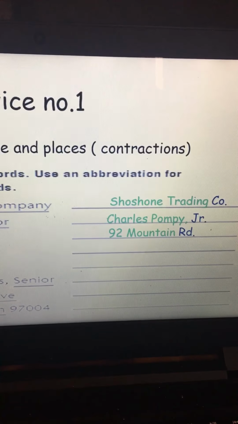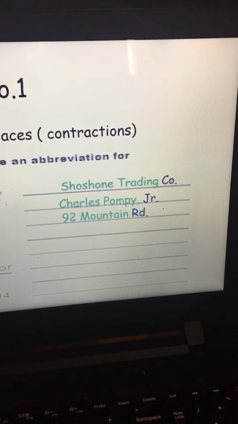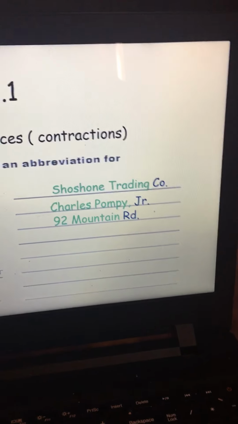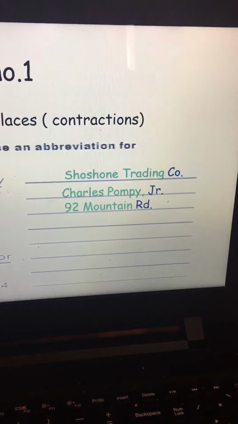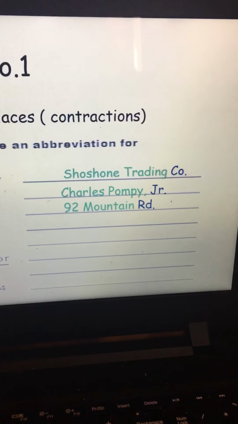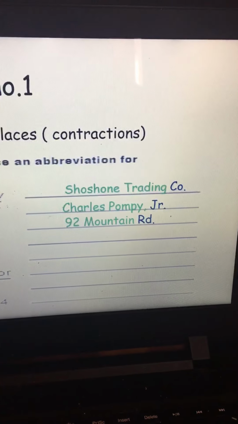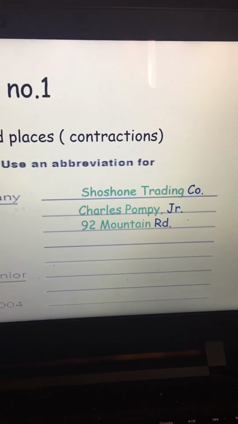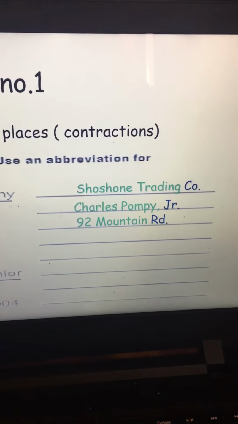We use the contractions rules. Look how I put the period after the abbreviation because we are using American English.